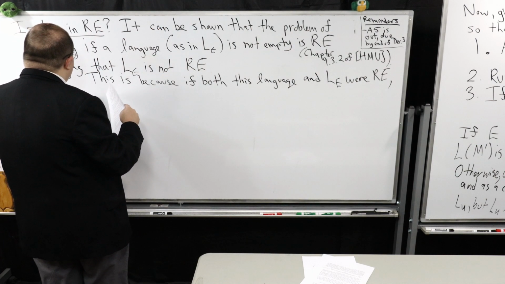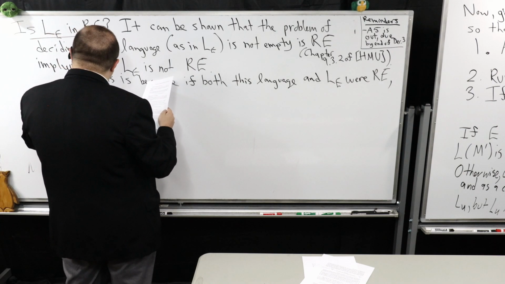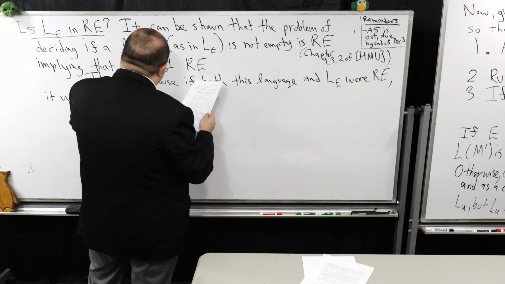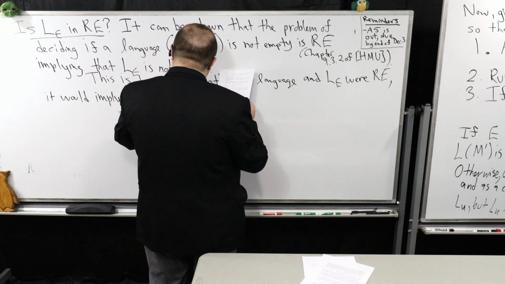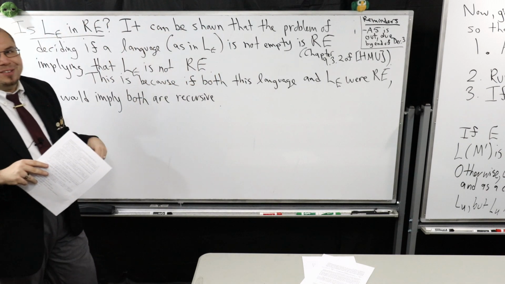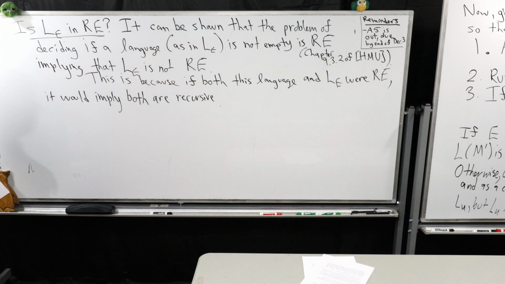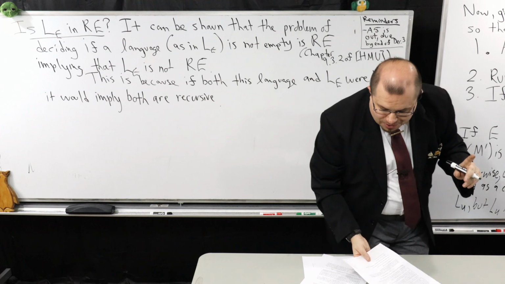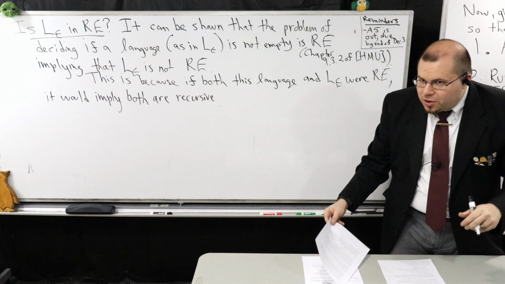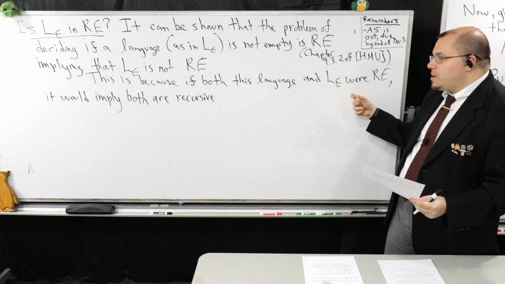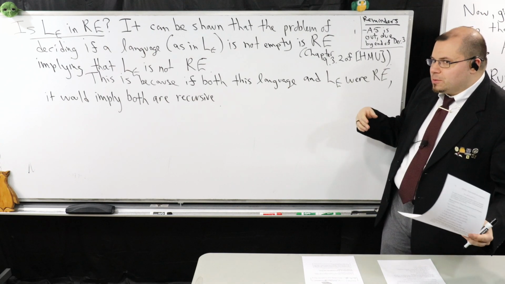Based on the theorem I gave you a couple lectures ago, it would imply both are recursive. And the thing is, neither of these are true, right? So hopefully that clarifies that. You can oftentimes use the properties I've talked about previously to infer things about whether a language is recursively enumerable or not.